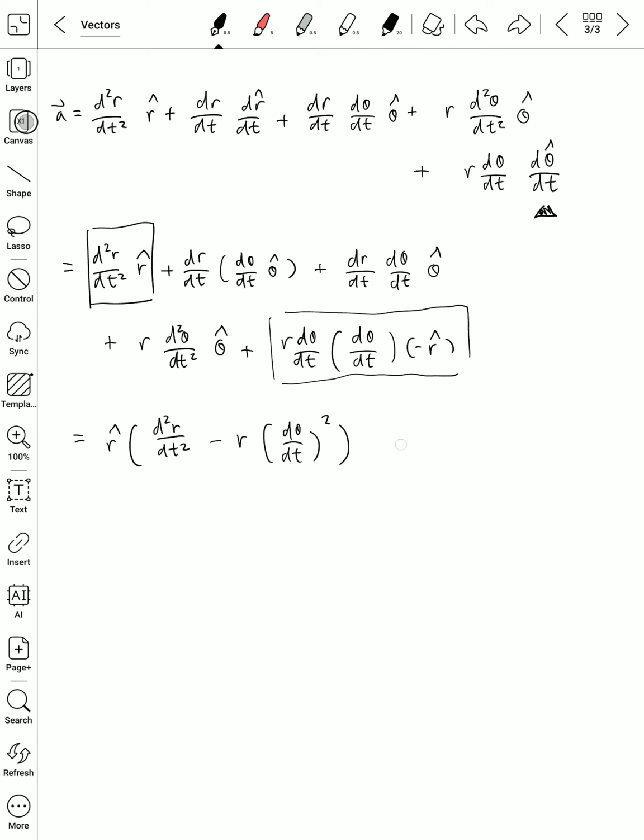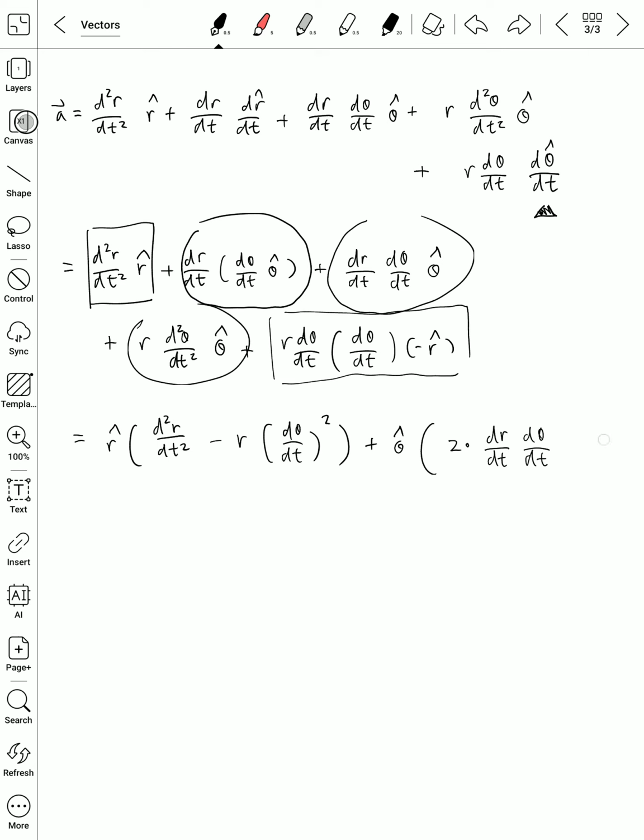And then putting all the θ hats together, we get 2 times dr/dt dθ/dt, because these are the ones with θ, and then plus r d²θ/dt².